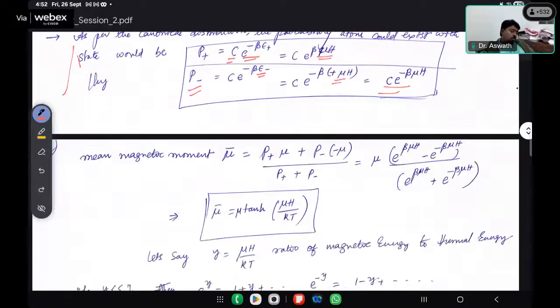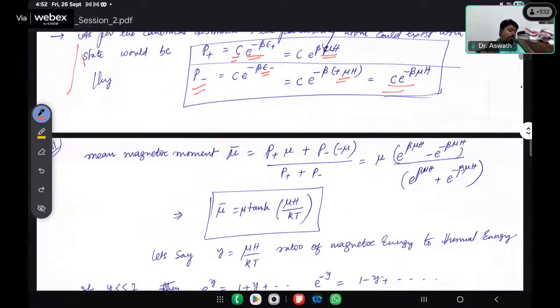Now let's find out what is the mean magnetic moment of this system when it has possible arrangement in positive way, possible arrangement in negative way. So it is actually fluctuating continuously like a superposition. In that case, I'll have some mean magnetic moment.